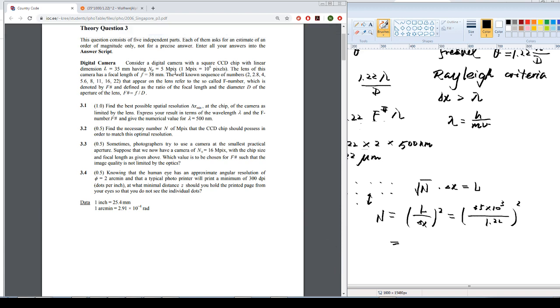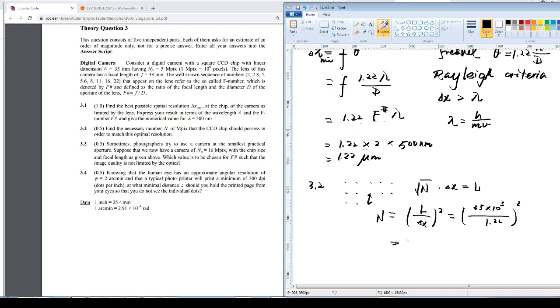Oh, but that's okay because that's overperforming. So that's fine. So this camera wouldn't be able to do that.